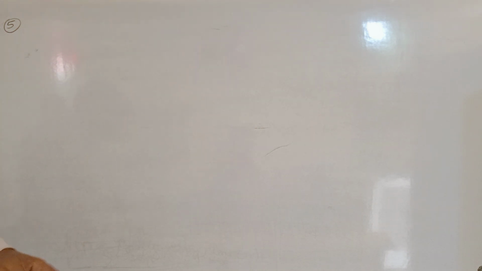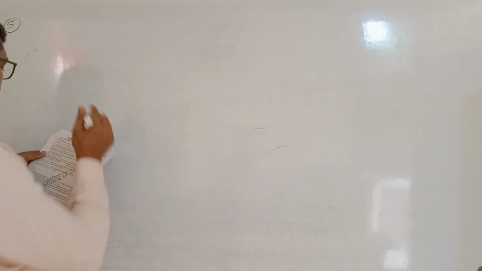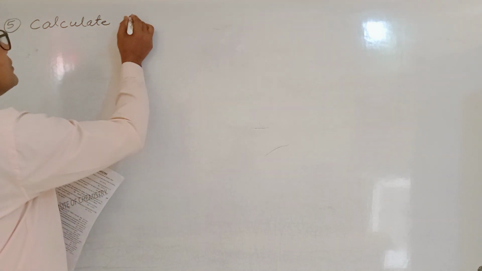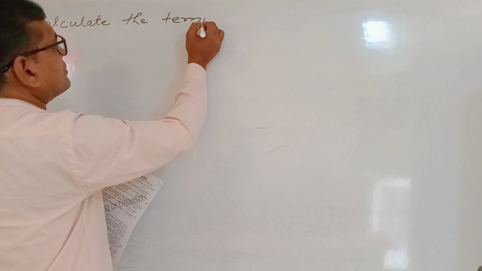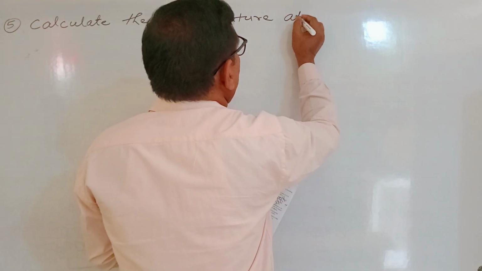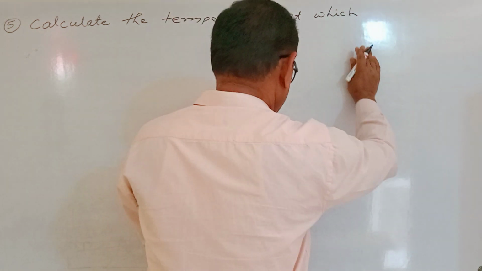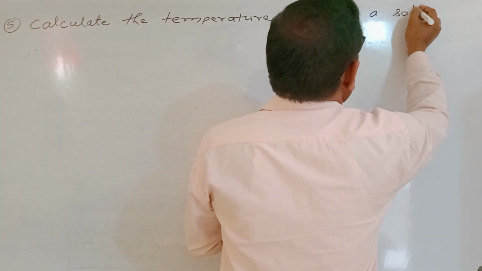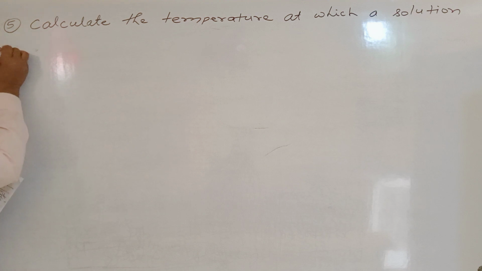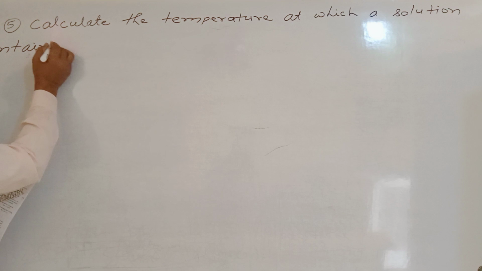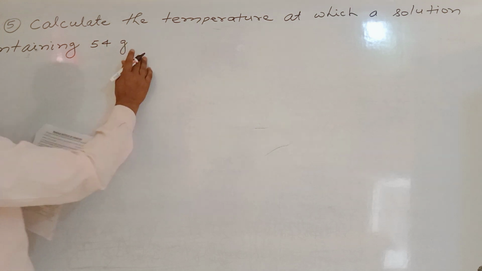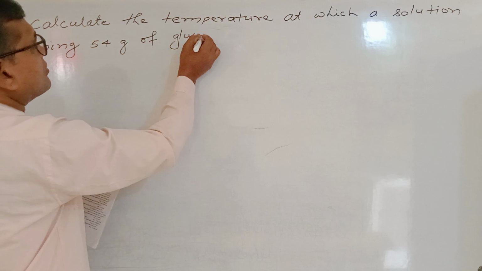Question 5 is: calculate the temperature at which a solution containing 54 grams of glucose.